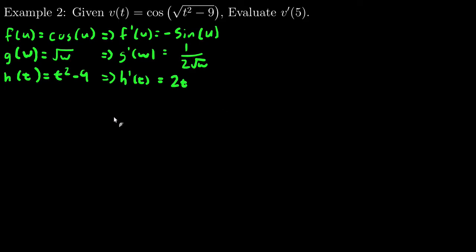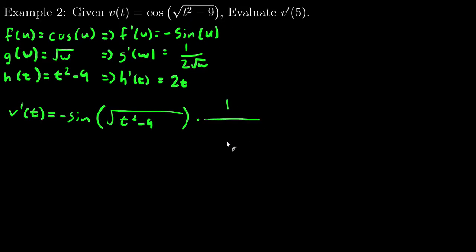And so I can just go through the process and say, okay, the outer function was cosine, so v prime of t, I take the derivative of the cosine, negative sine, and leave everything inside unchanged. And then I take the derivative of the next inner function, which is the square root. So that'll give me 1 over 2 root, but I leave what's inside the root unchanged.